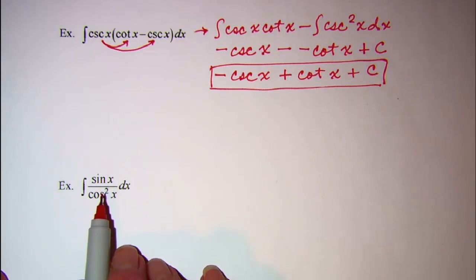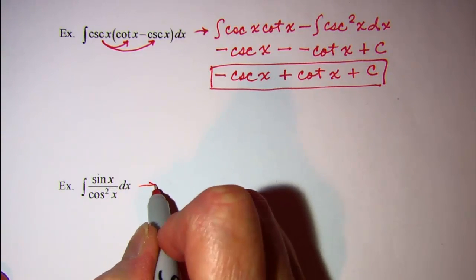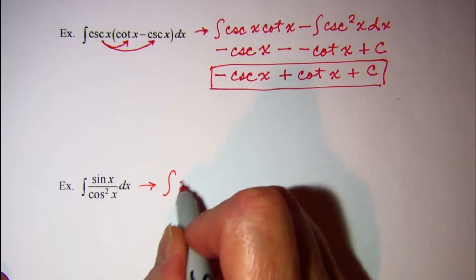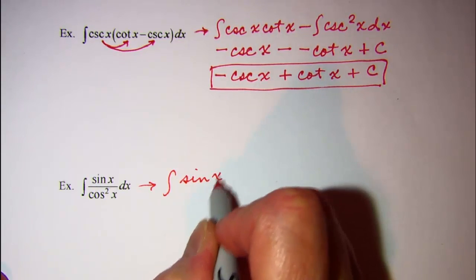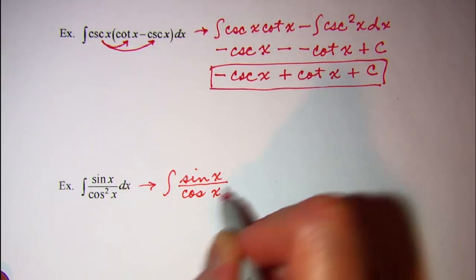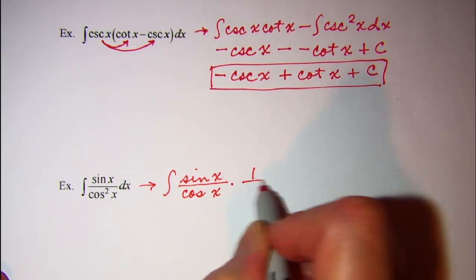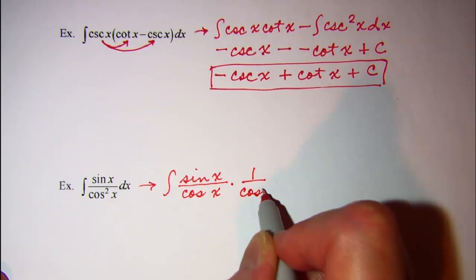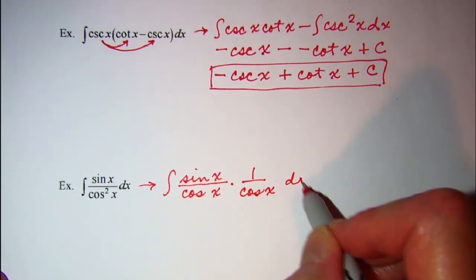So I'm going to write this as sine x over cosine x, and then my other cosine x in the denominator I'll put in a separate factor.